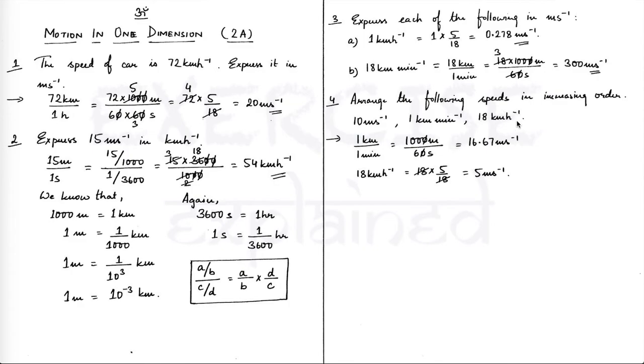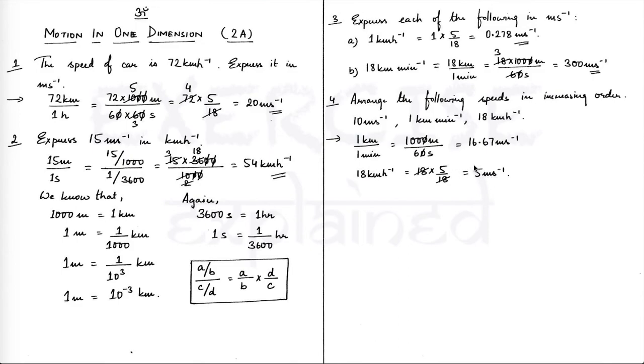Now coming to the last one, that is 18 kilometer per hour. When we are converting kilometer per hour to meter per second, as we did in the third question A part and the first question, we will be multiplying by 5 by 18. So I multiply 18 into 5 by 18. 18 and 18 cancel, so we get 5 meter per second. So 18 kilometer per hour is 5 meter per second.